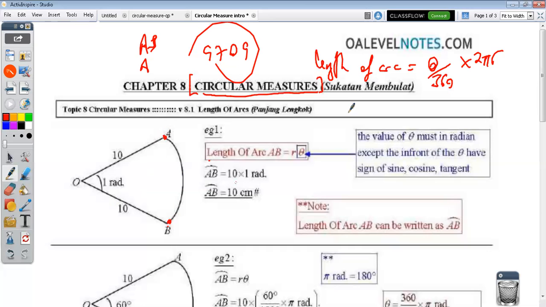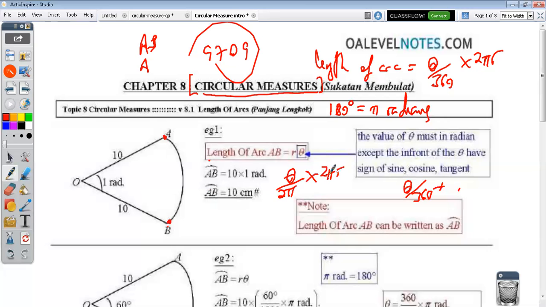But from A-level now, because normally when we're doing these calculations we're using radians, we should know that 180 degrees is equal to pi radians, which means your 360 here is equal to 2 pi. So to change this formula, 360 is equivalent to 2 pi, so it becomes theta over 2 pi multiplied by 2 pi r.